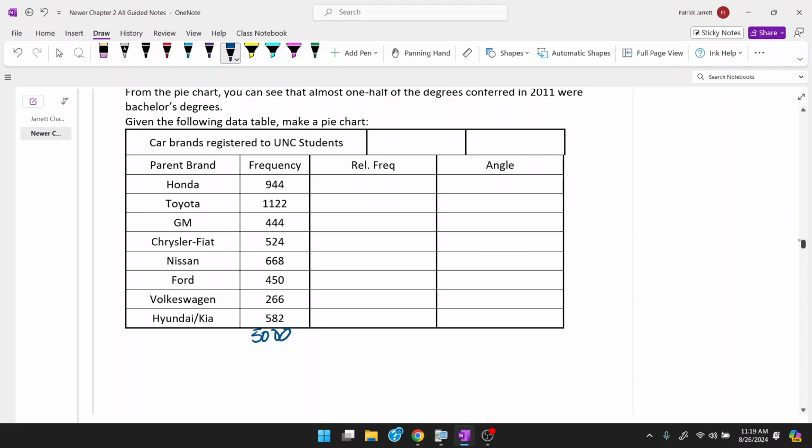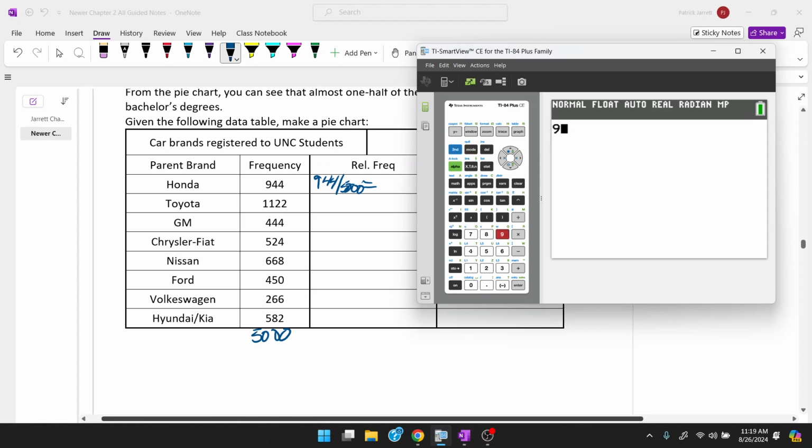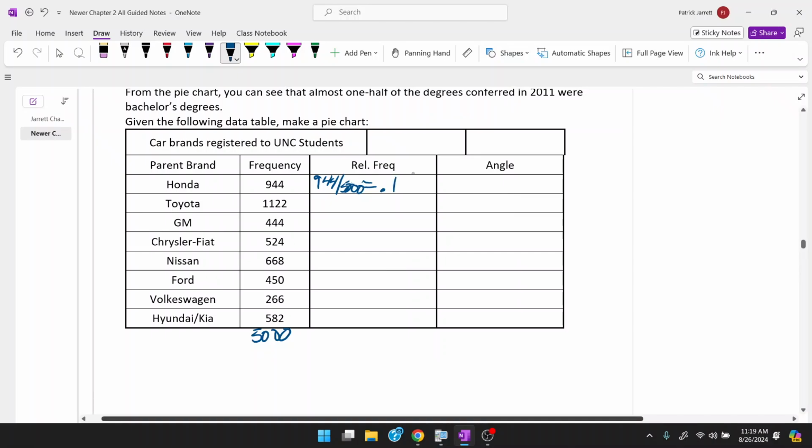Everything added up to 5,000. So, Hondas. You don't have to write all these out each and every time, but 944 out of 5,000 will be a nice terminating decimal. This is why I prefer something like this: 0.1888, or 18.88%.